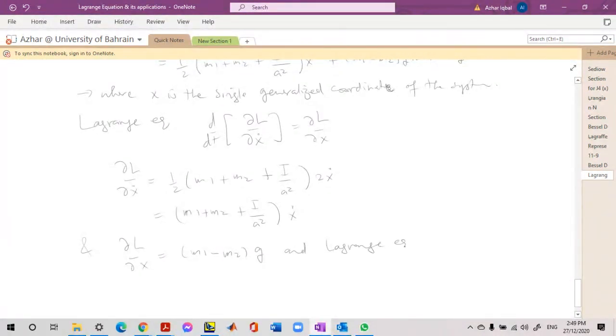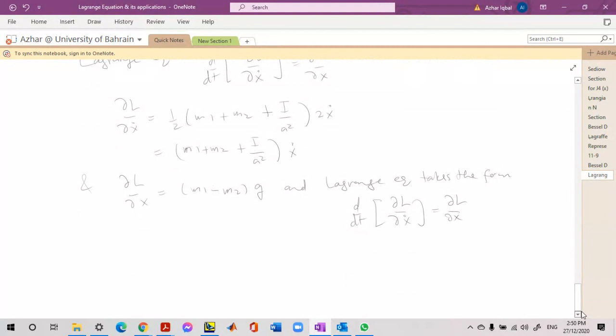The Lagrange equation takes the form d over dt of m1 plus m2 plus I over a square times x dot equals m1 minus m2 times g.